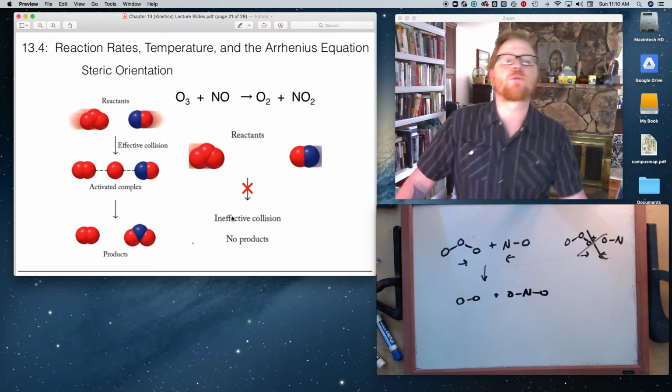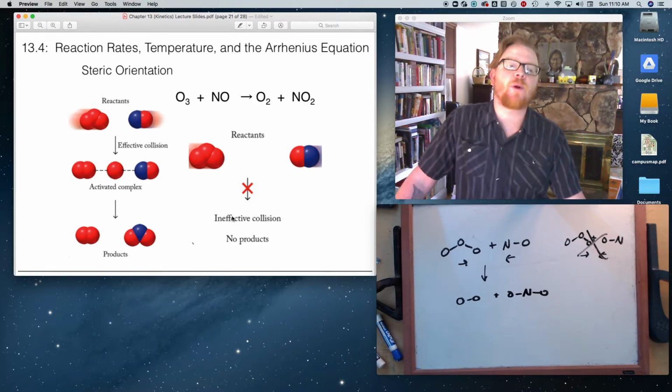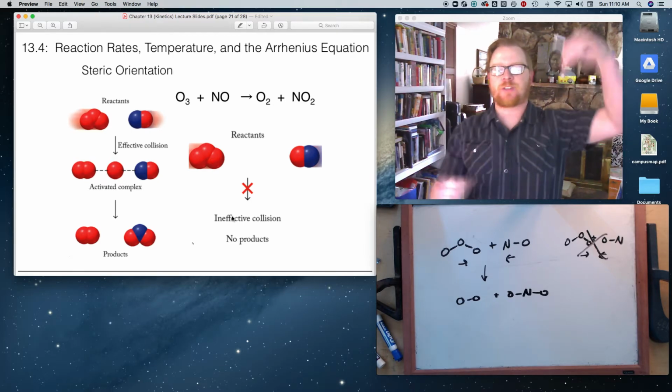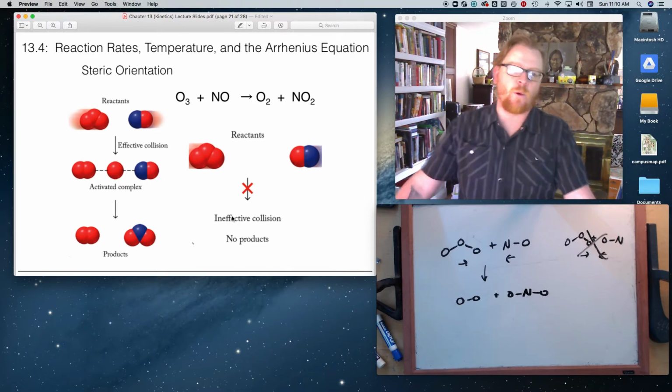So oftentimes with small molecules, steric orientation is not as important, because if you think about the size of either of these molecules, you could come in from an angle or something like that, and the nitrogen and oxygen would still be oriented.